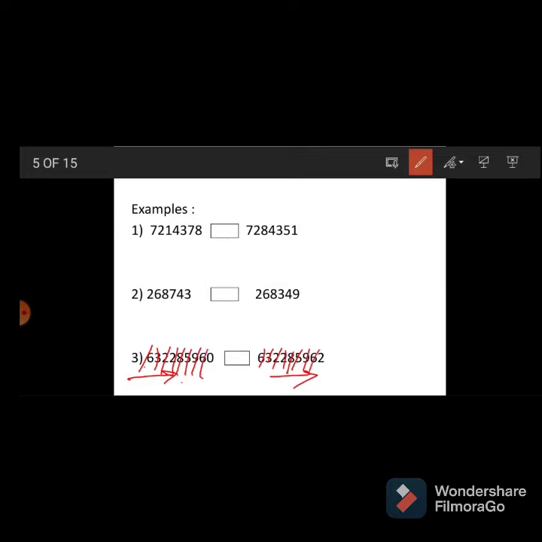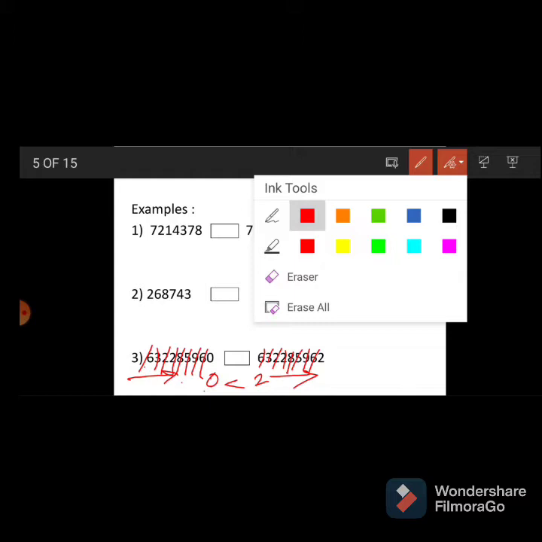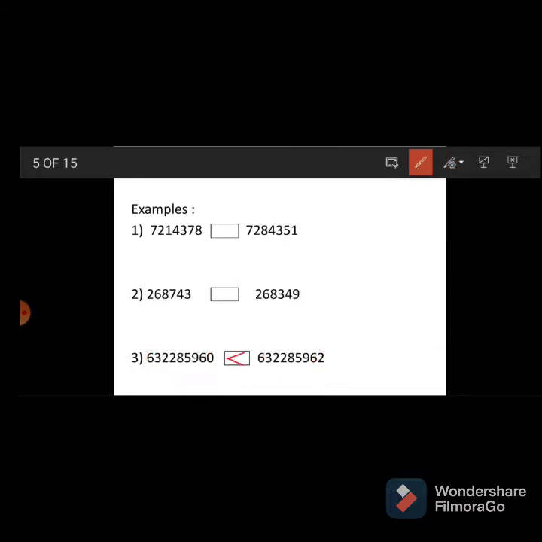See, in both numbers we have to check up to the last digit, and in the last digit we got 0 is smaller than 2. Means which number is greater? This number is greater. What is this number? 63 crore 22 lakh 85,962 is greater than 63 crore 22 lakh 85,960. Okay, then see the next example.